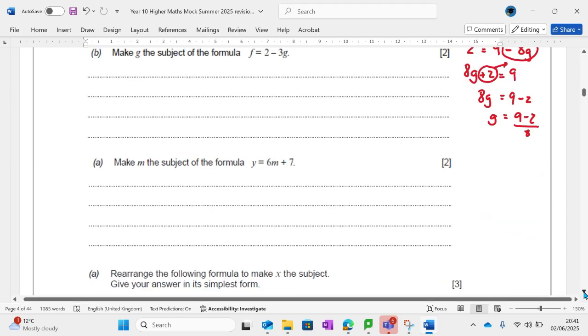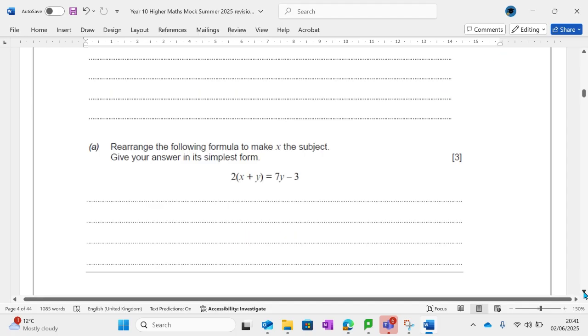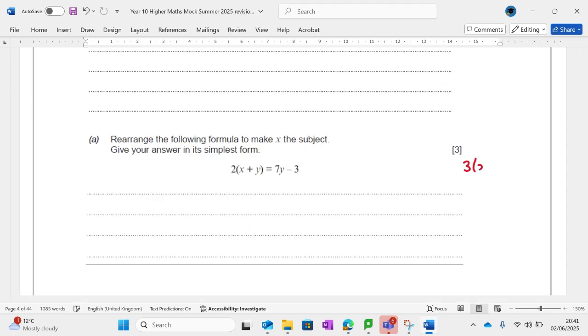That one's okay. And finally, make x the subject of the formula. Here's my version. 4f plus 11. I need to expand this bracket. 3 times x, 3 times a. Now, the x is positive, so leave it where it is. Let's move these over here.